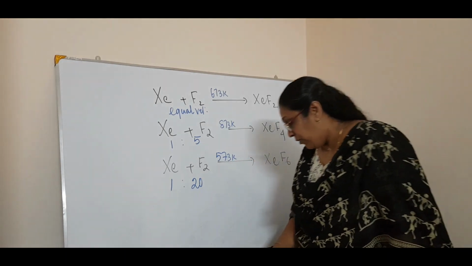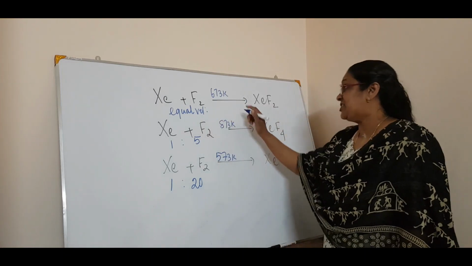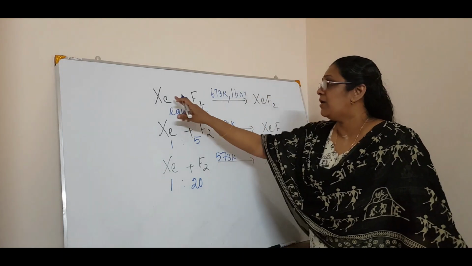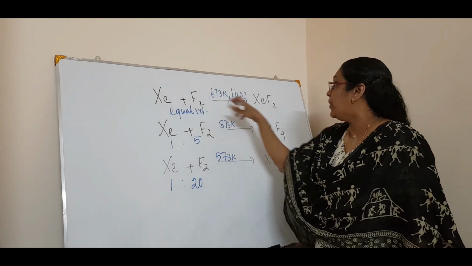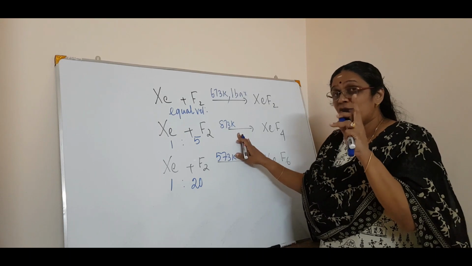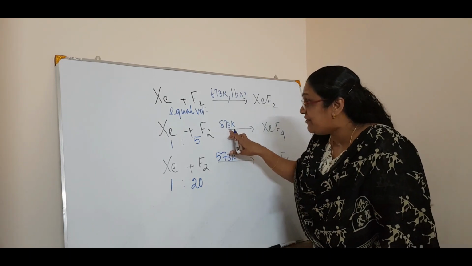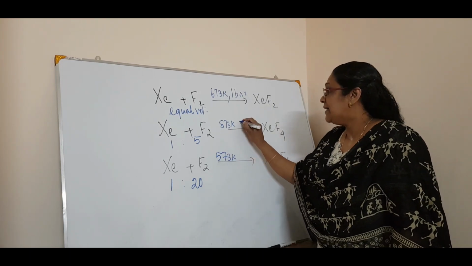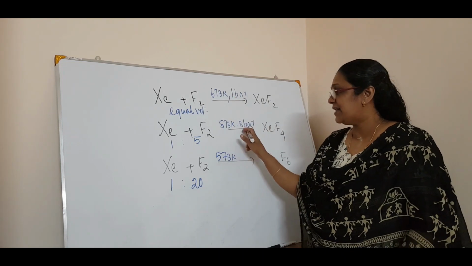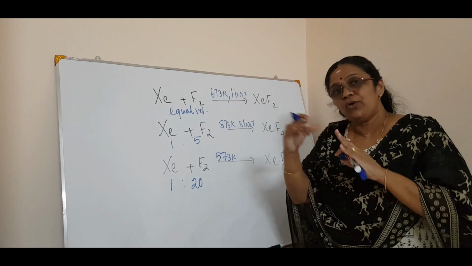Now, when you come to the pressure, it is 1 bar, because just remember only one, XeF2, 1 bar. Here, again I am telling you a trick. You know it is 873 Kelvin, right? Now, it can have 8 bar, the first one. Somewhere you have to connect it, right?